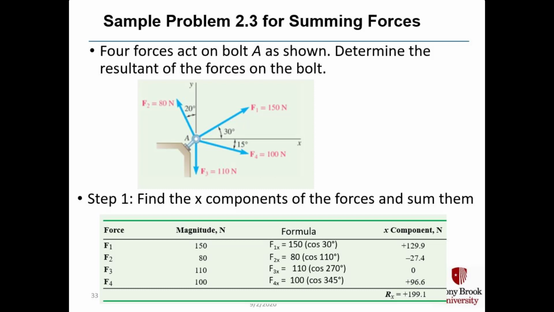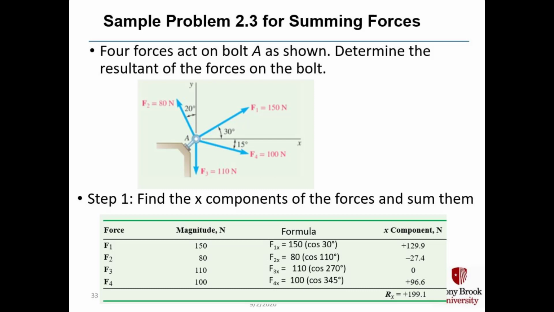For example, even though F4 is shown as only 15 degrees from the x-axis, we want to use the cosine of 345 degrees to multiply the magnitude of 100.